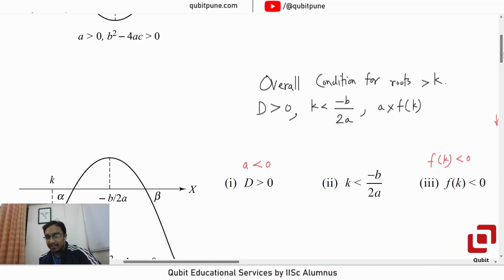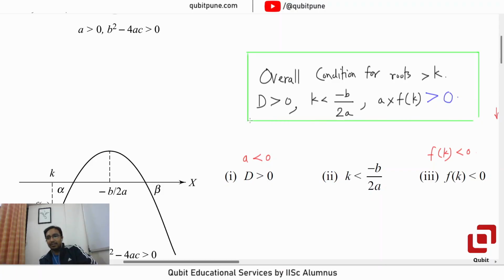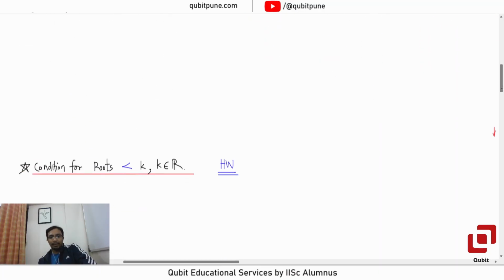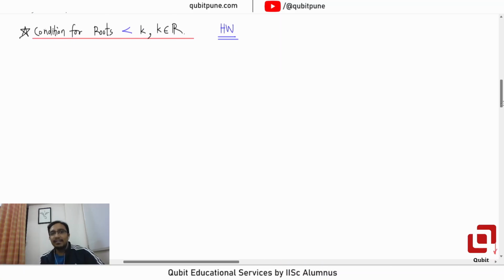In the second case, a less than 0, f of k less than 0, so again the product will become positive. So we can combine that and put this. That's the overall condition for roots to be greater than k. Have you understood this? Can you find out the condition for roots to be less than k, k belonging to the set of real numbers?